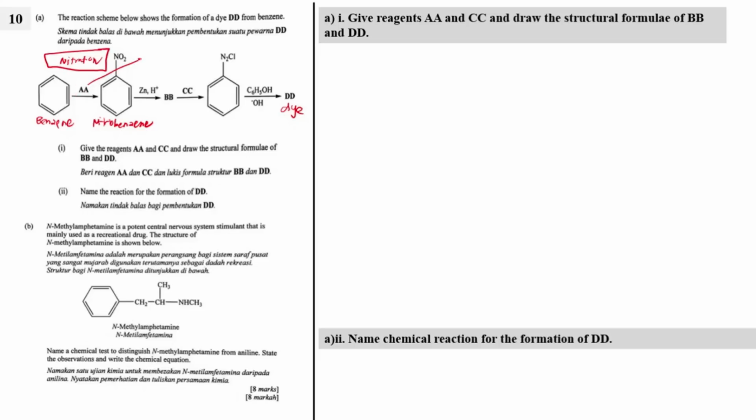For this reagent A, we need to use concentrated HNO3 nitric acid, and we also need to use concentrated H2SO4, and this reaction must happen at a temperature between 50 to 55 degrees Celsius.